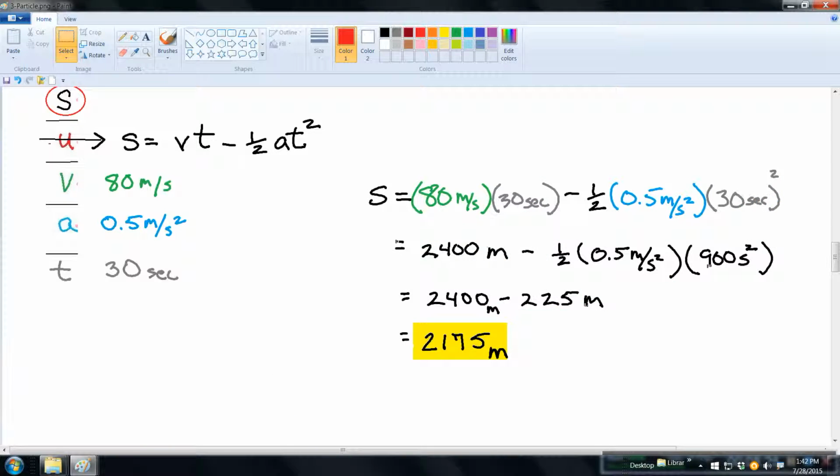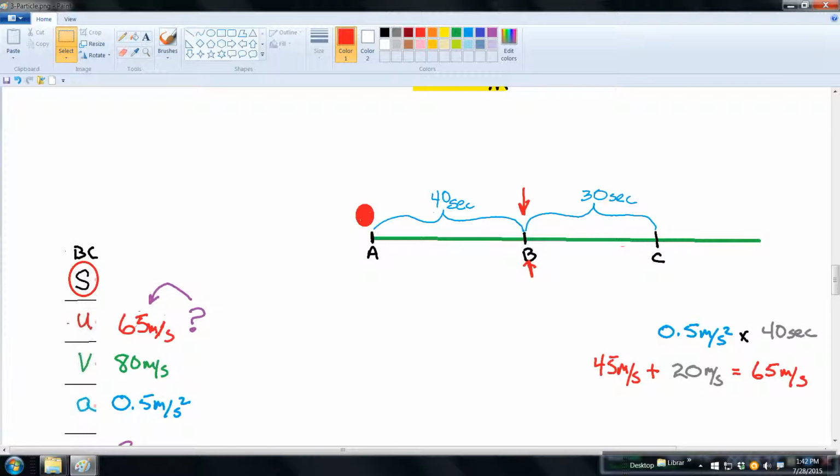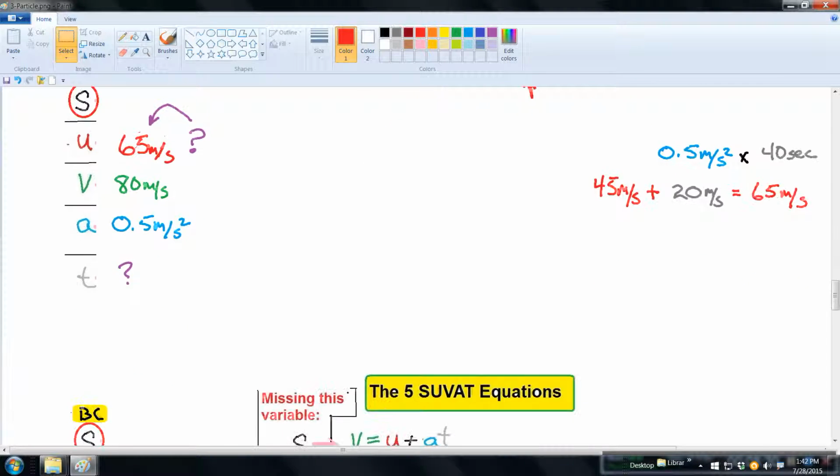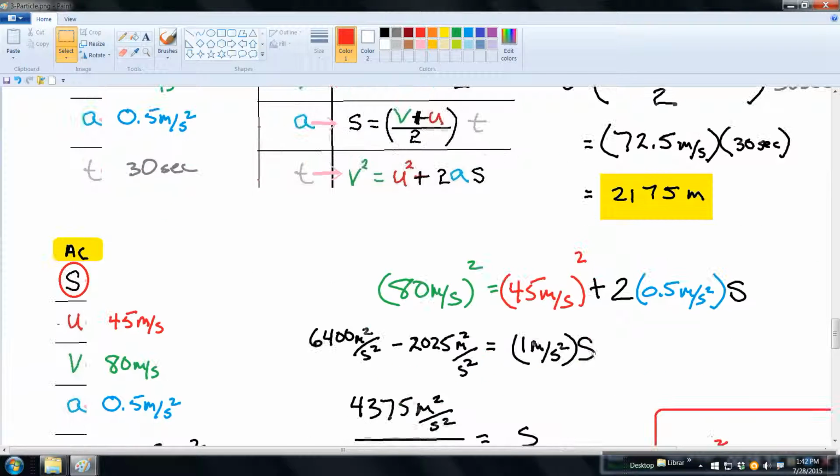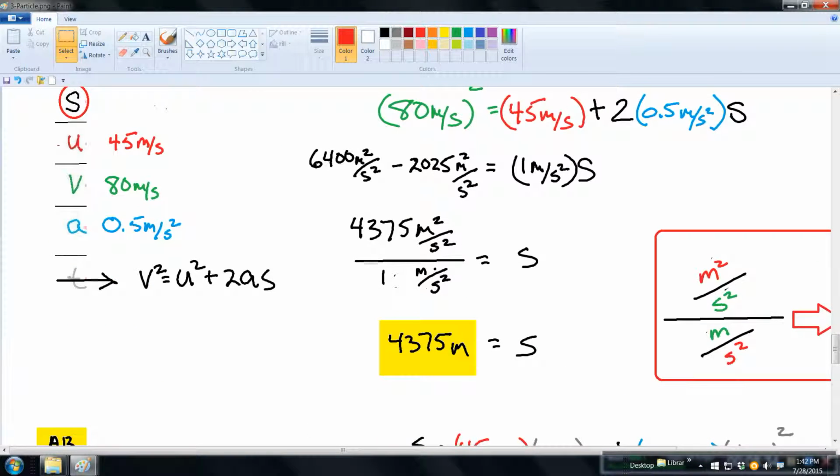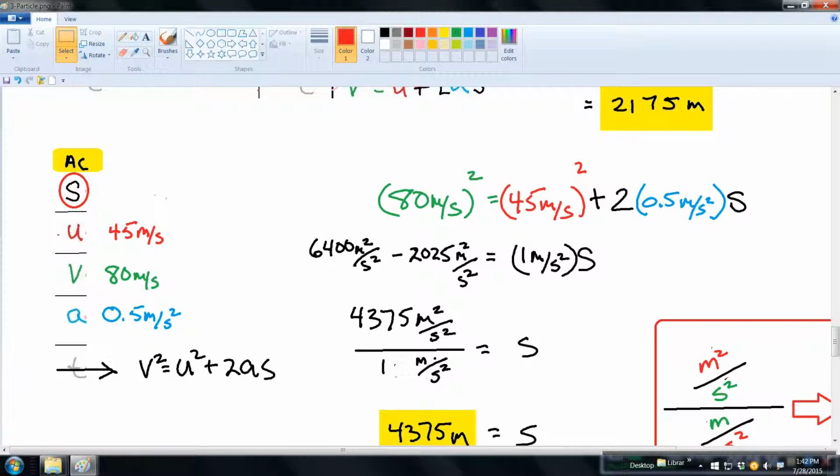Now I'm going to go down here and show you if we did A to C. I'm not going to go through it all, but I encourage you to derive information that you don't necessarily need in the question if they're not asking for it. If it's unknown information and you can find it using SUVAT for practice, then go ahead and do it.